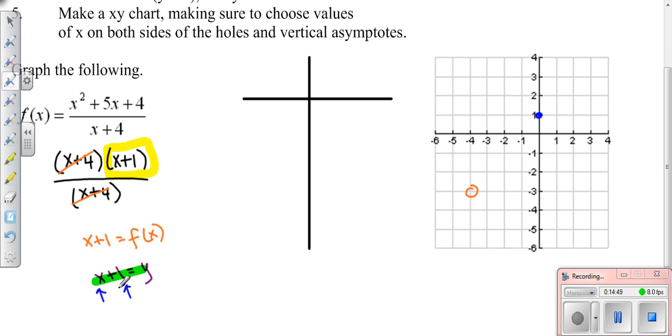My slope is 1 over 1. And I can draw my line, remembering to leave a gap at negative 4, negative 3. Now you could go ahead and do your t-chart if you don't see that it's a linear graph, but it will work out the same.